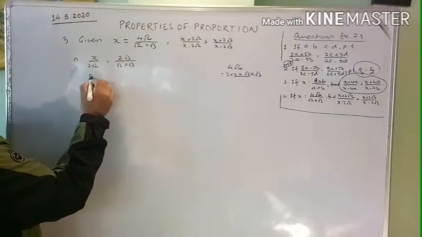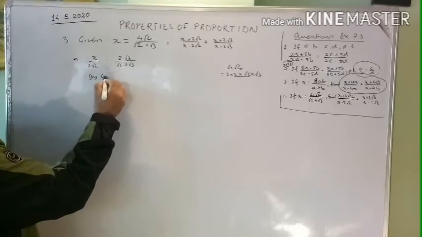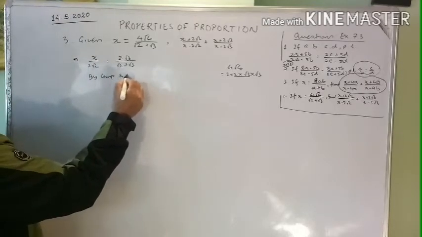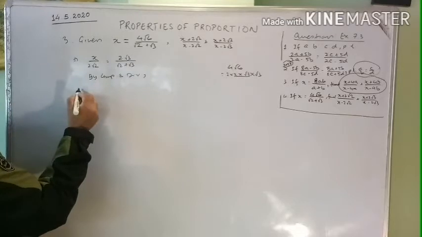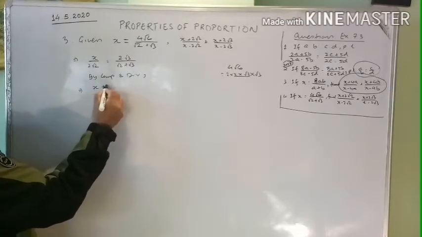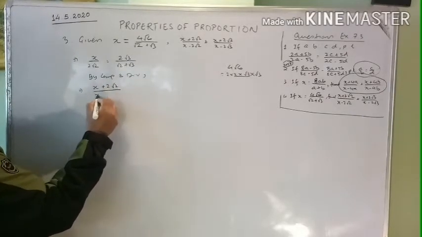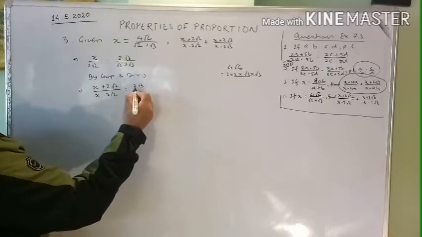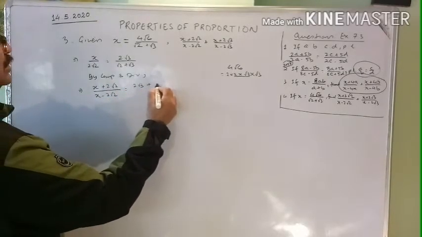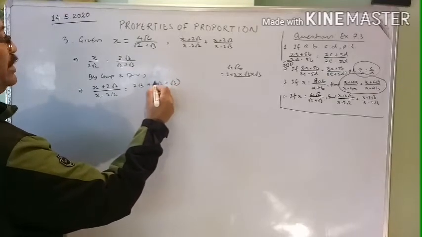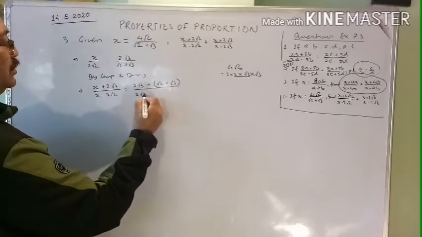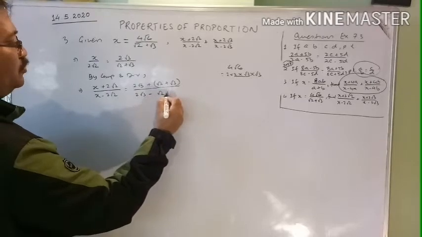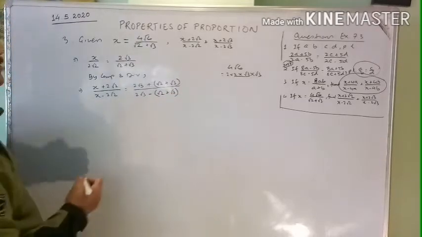Now, by componendo and dividendo, what we get? x plus 2 root 2 by x minus 2 root 2 is equal to 2 root 3 plus root 2 plus root 3 divided by 2 root 3 minus root 2 plus root 3.